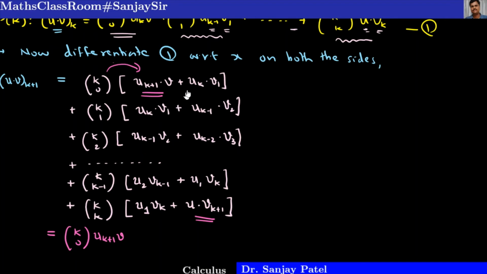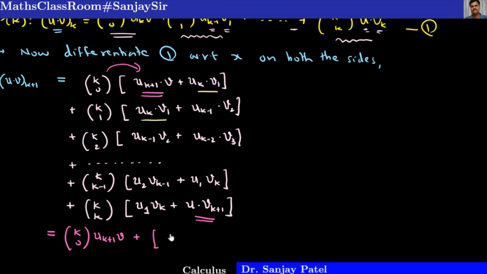Now if you look at the next term, that is kc0 into uk into v1, and that occurs at two places. This is uk into v1, and here also we have uk into v1. So if we expand and collect these two terms together, what we can write in the next step is this.